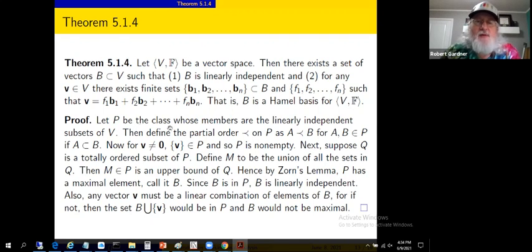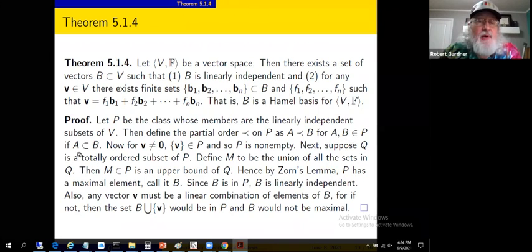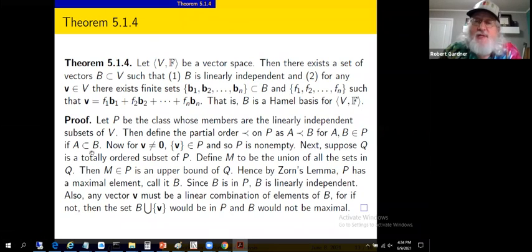We'll define P to be the class whose members are linearly independent subsets of V. Then define the partial order on P as A less than or equal to B means A and B are both in this class and A is a subset of B. It's common to define partial orderings using subset inclusions.